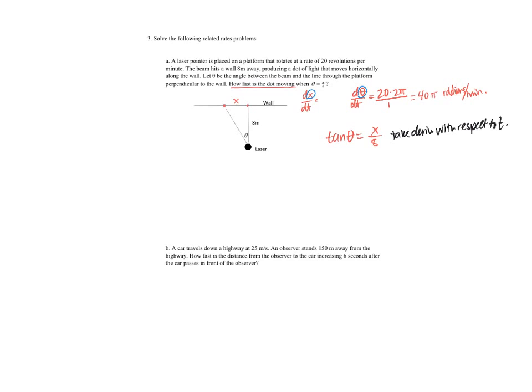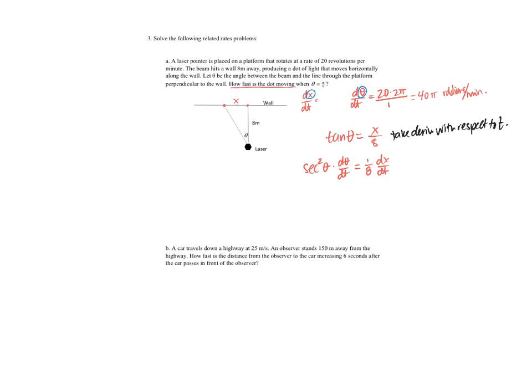The derivative of tangent is secant squared of theta. Then by chain rule, I need to take the derivative of the inside part, the theta itself, with respect to t. So that's d theta dt. And then the derivative of 1/8 x with respect to t is 1/8 dx dt, because the derivative of x with respect to t is dx dt.